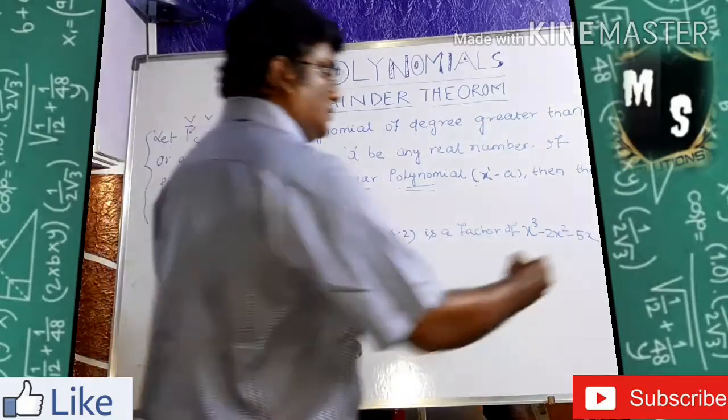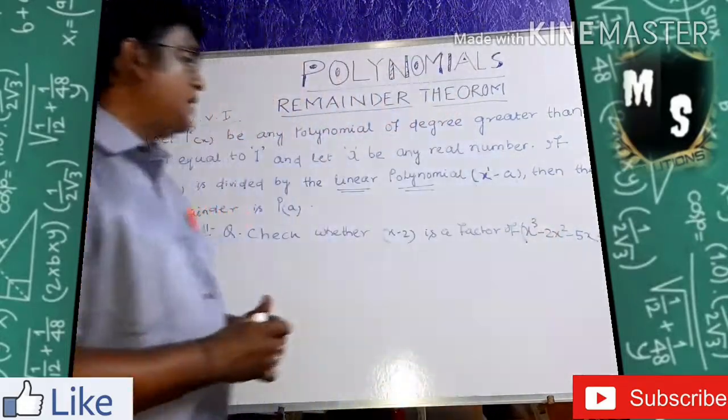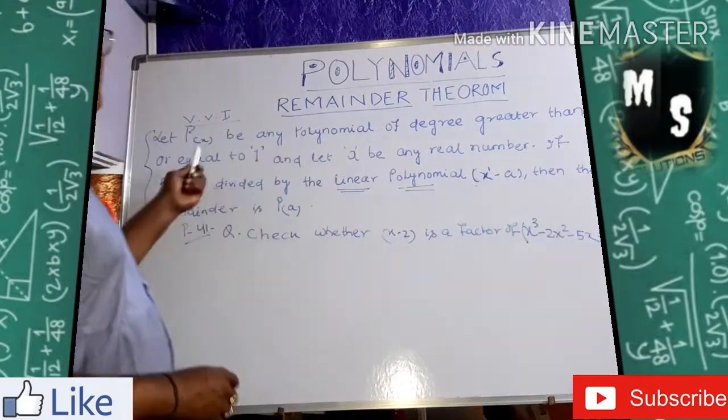Yes, plus 4. So you have to check whether x minus 2 is a factor of this polynomial. This polynomial is your p(x) now.